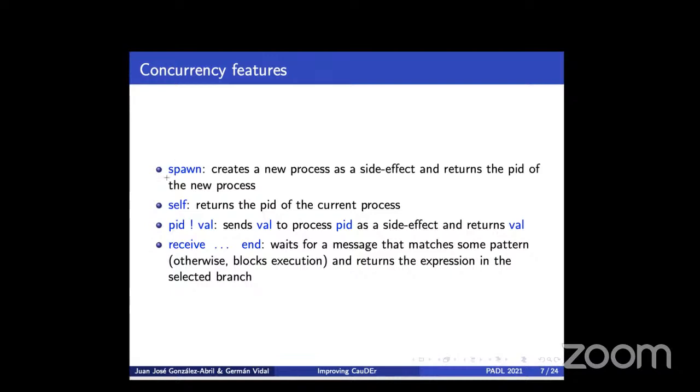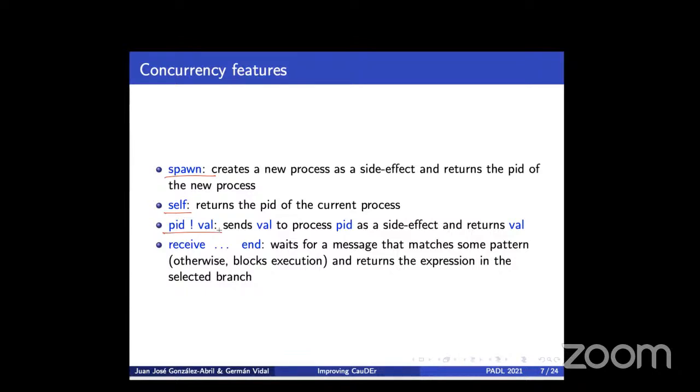Here we have spawn, which is a built-in function that creates a new process as a side effect and returns the fresh PID of the new process. Self is a very simple built-in function that returns the PID of the current process. This expression, with the operator represented by an exclamation mark, is used to send a message.